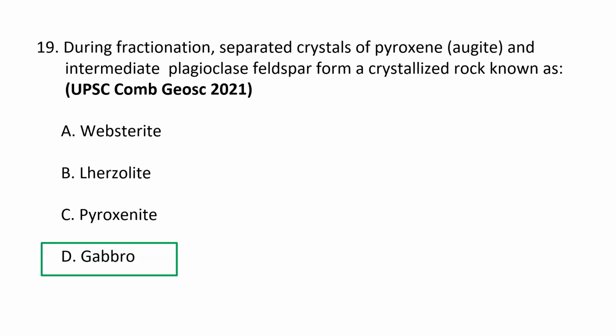Gabbro is a phaneritic or coarse grained mafic intrusive igneous rock formed from the slow cooling of magnesium rich and iron rich magma into a holocrystalline mass deep beneath the earth's surface. This slow cooling coarse grained gabbro is chemically equivalent to rapid cooling fine grained basalt. So D, gabbro, is the correct option.